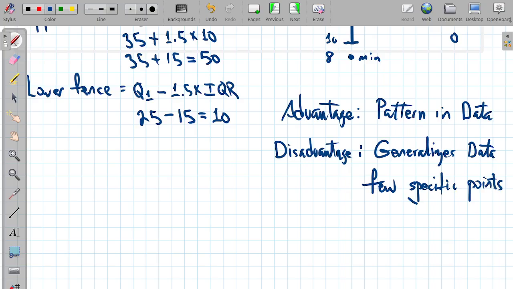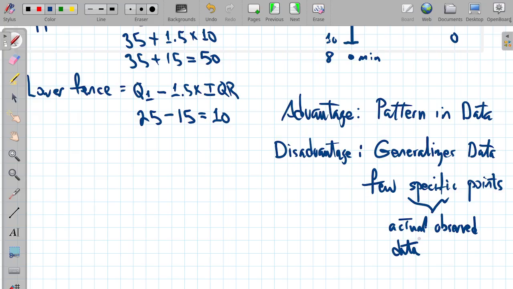When I say specific, what I really mean is actual observations. Usually, like with the second quartile, the median, and that was the average of observation 5 and observation 6. It's not an actual observation in the data, it's a calculated observation.